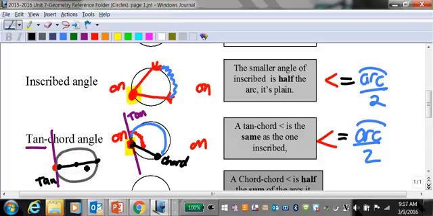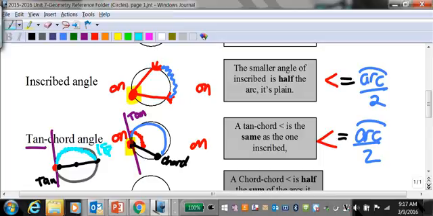Now, we just learned a tan chord is how much of the arc it's grabbing? Out loud, please repeat accurately. Half, okay? Trace from here to here, please. That light blue, how many degrees?